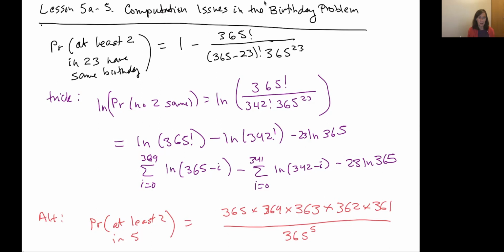But that does work. You don't have to do the factorials that way. And the probability, actually it's 1 minus that. So that works out to be 0.0271, so it's around a 3% probability in a group of 5.